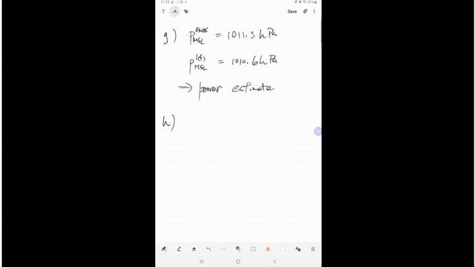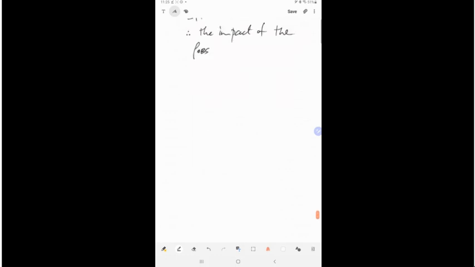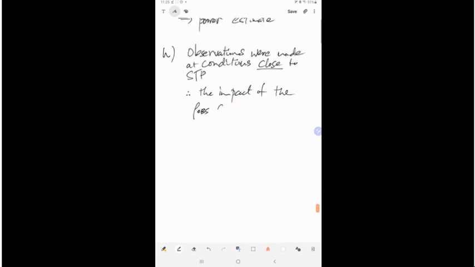So I would say something like: the observations were made at conditions close to STP, standard temperature and pressure, and therefore the impact of the rho observed calculation was minimal.